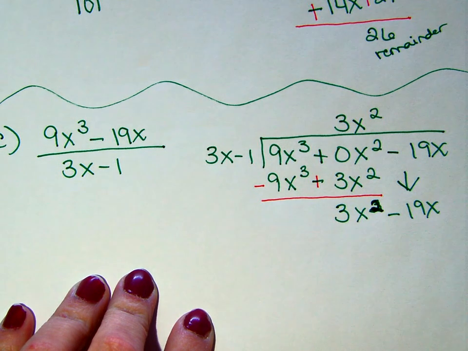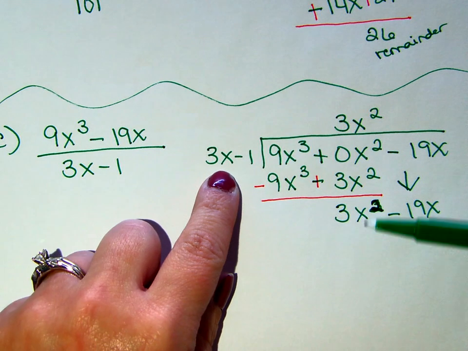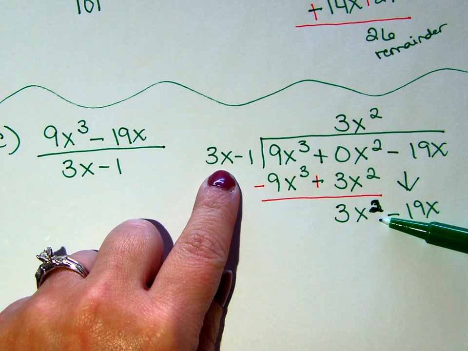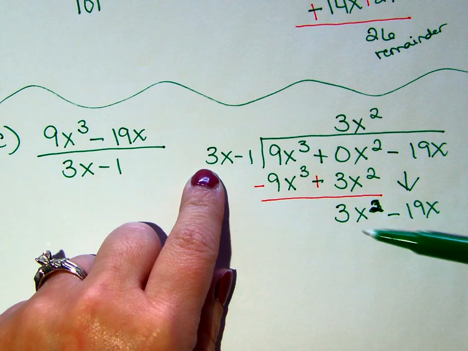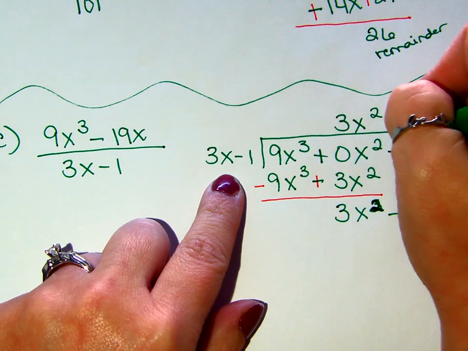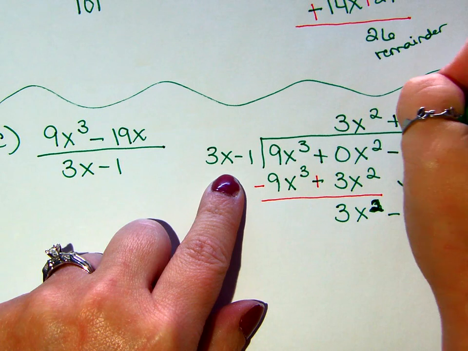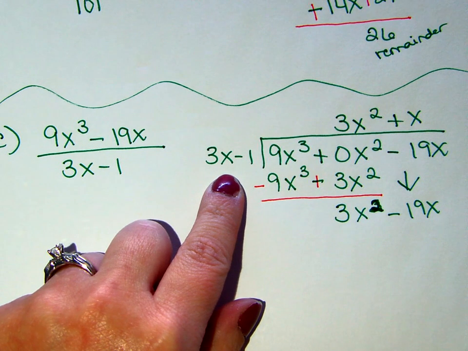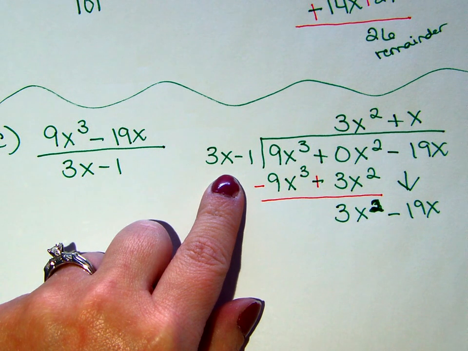Then I say, okay, 3x times what will give me 3x squared? 1, so yeah, just 1x. You can either put plus 1x or I'm just going to put plus x. I don't generally put the 1 out there if I don't have anything else to attach to it, because multiplying by 1 doesn't change it.